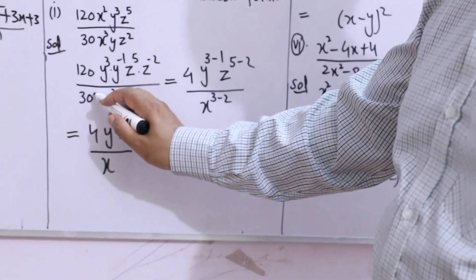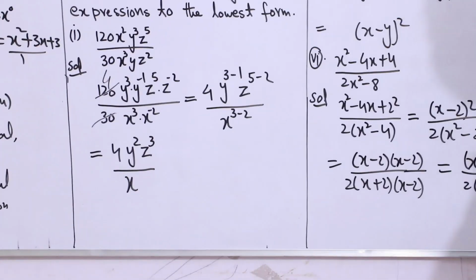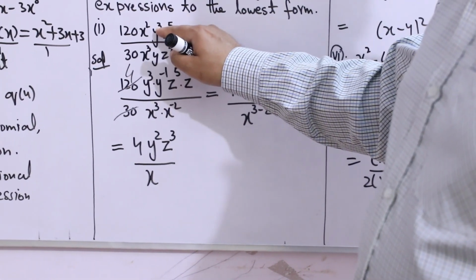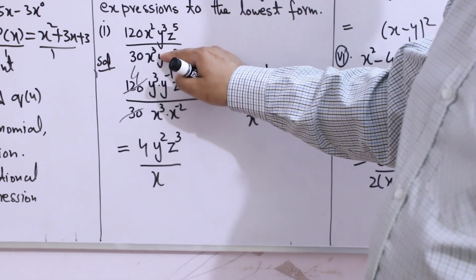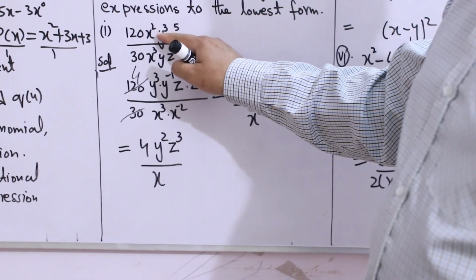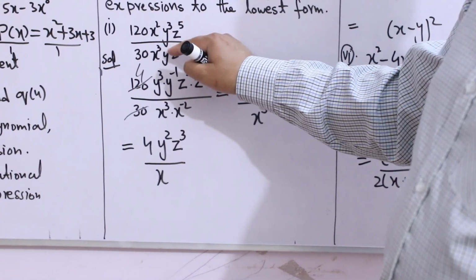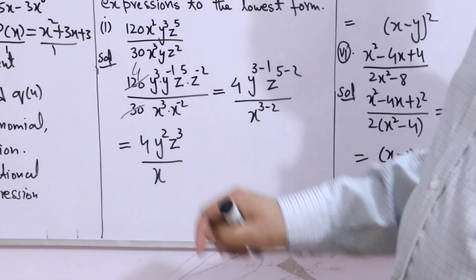This 30 cancels out with 34 times 120. Here the power is y cube, here it is y1. So we shift this term to here because this has the greater power. 3 is greater than 1, so that's why we shift one power to the upper side.